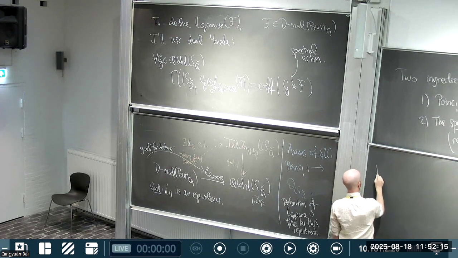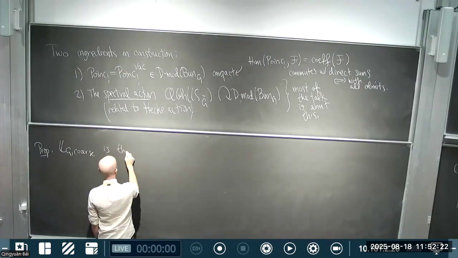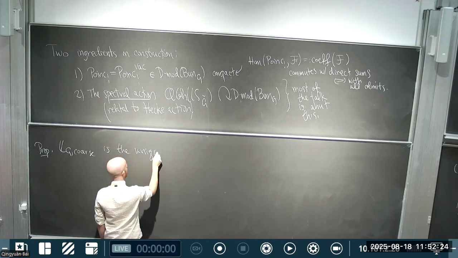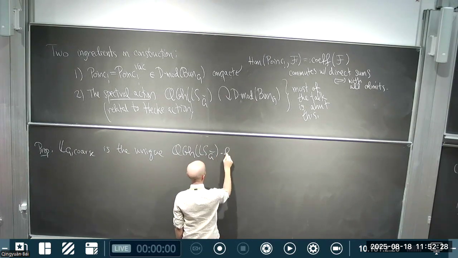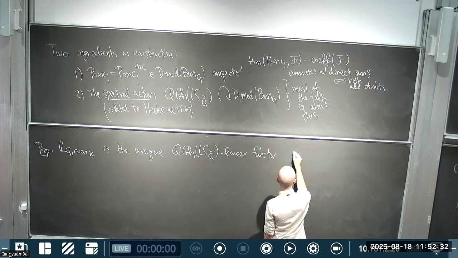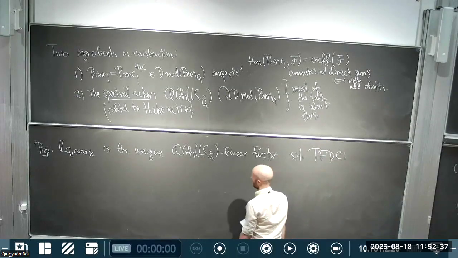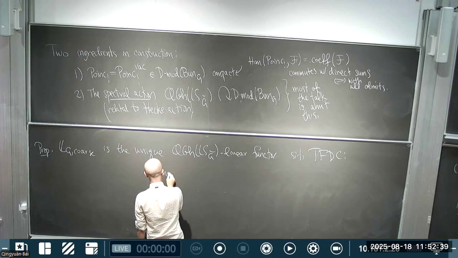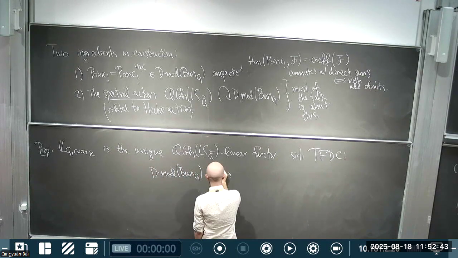So maybe let me just say the basic proposition here, which is that L_G coarse is the unique QCoh(Ǧ)-linear functor such that the following diagram commutes. So that we do Mod of 1_G. Here I take L_G coarse.